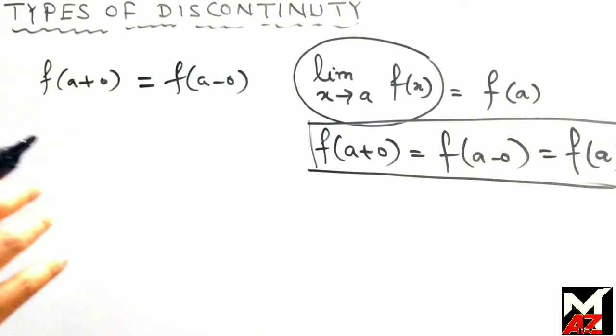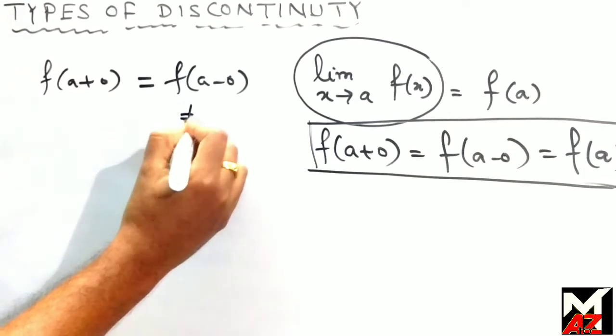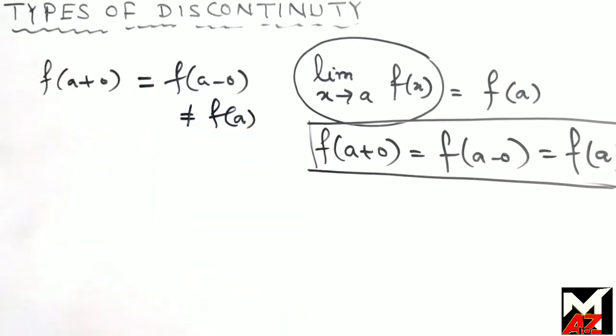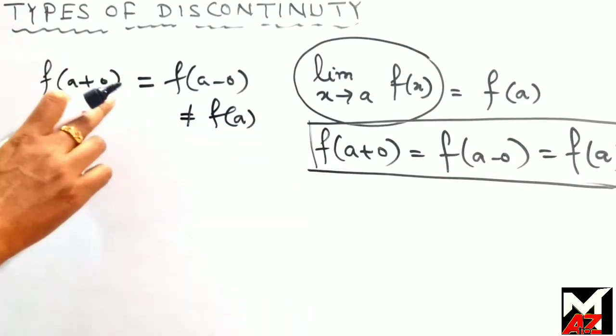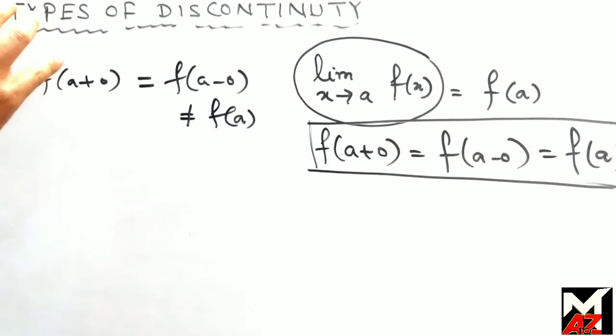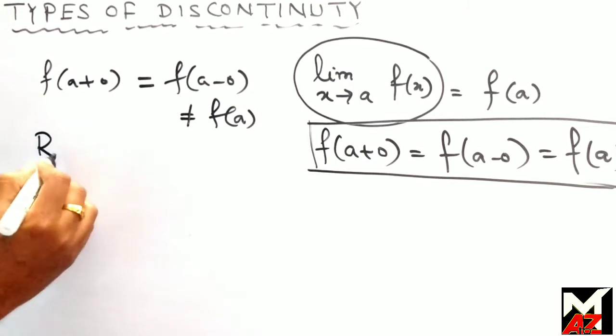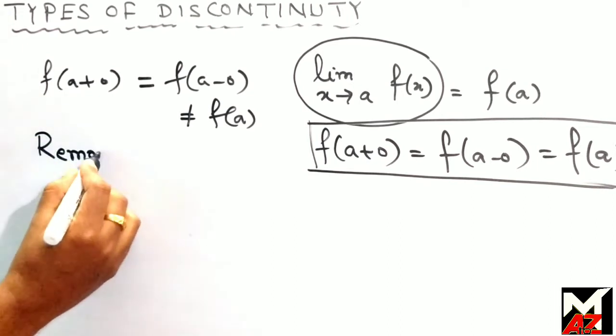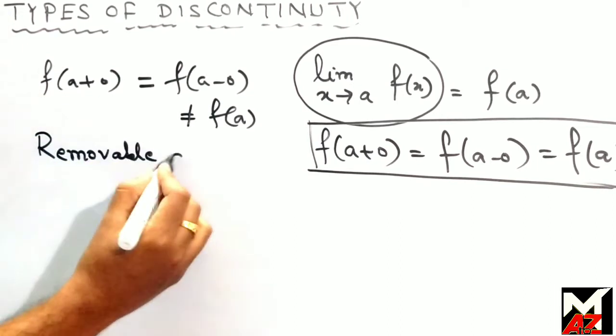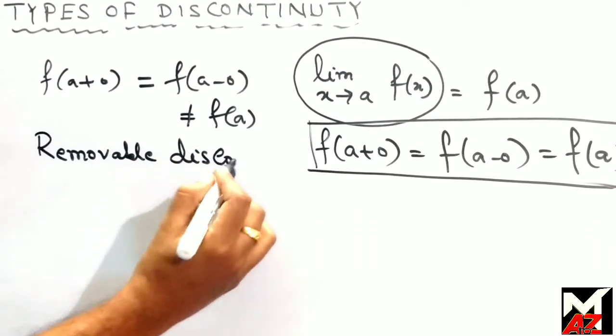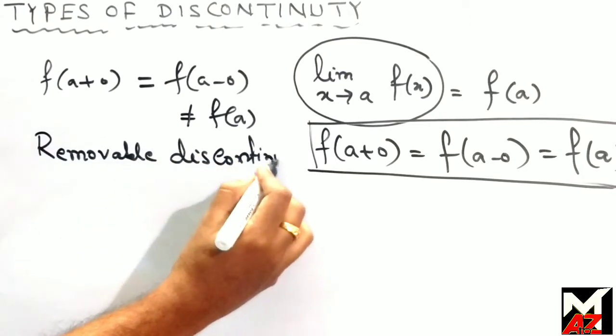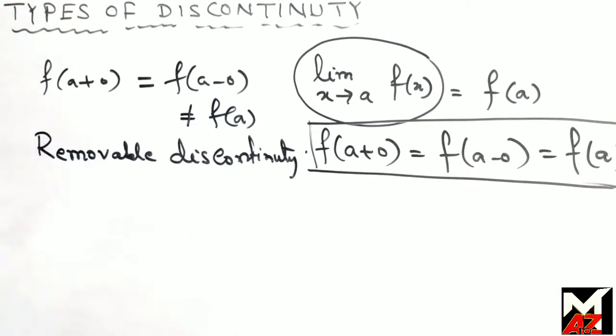But if this is not equal to the functional value, then this type of discontinuity is known as removable discontinuity.